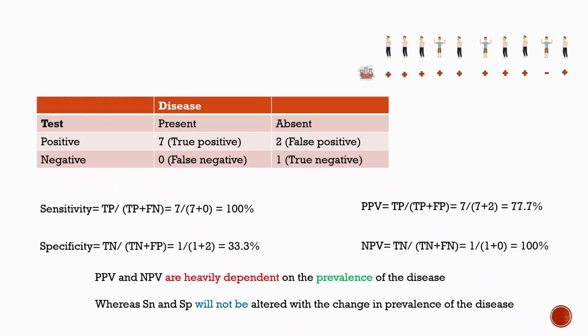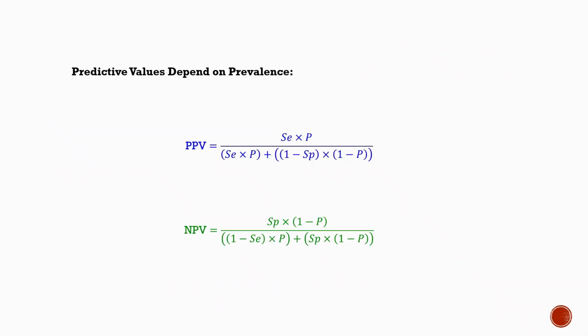Here the positive predictive value and the negative predictive value are dependent on the prevalence of the disease, whereas the sensitivity and the specificity will not be altered with change in prevalence of the disease. There is another equation where we can calculate the predictive value using the prevalence.